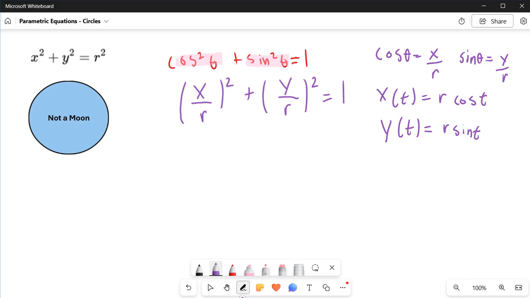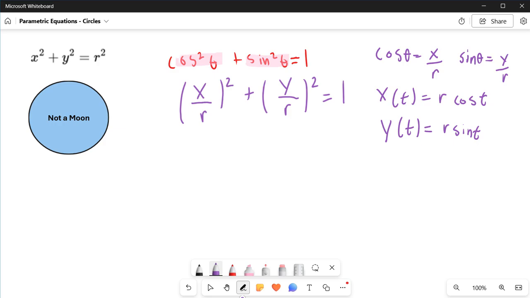Now, of course, the parameter of interest is usually t, because it's some type of interval with respect to time, mostly. So even if we use theta, t, r, s, it's really all the same. In any case, this would indicate that the starting point, if t was a parameter from 0 to 2 pi, would be at one of the vertices, which in this case would be r comma 0.